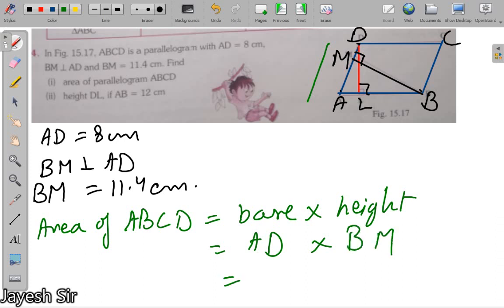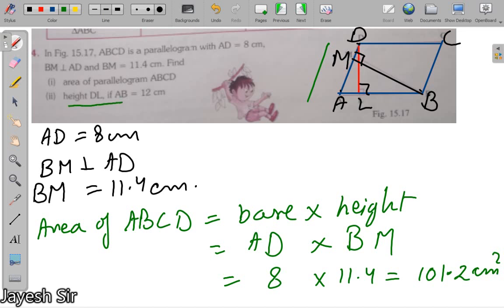We know the values of both of these, so AD is 8 and BM is 11.4. You multiply it, and the area will be 101.2 centimeter square.